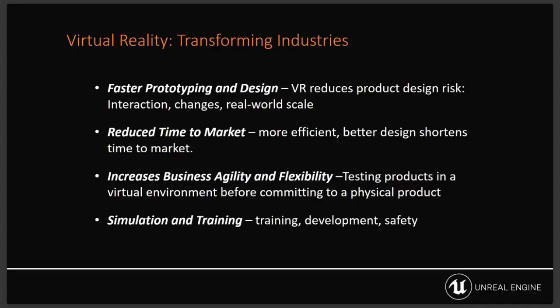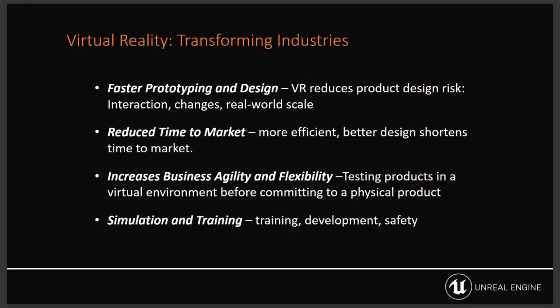You get this idea of faster prototyping and design. So virtual reality really does reduce the product design risk. It allows for changes, it allows for iterations, it allows for interaction. And the cool thing about it as well is this idea of real-world scale to really bring a compelling story of design to the overall idea of prototyping something.